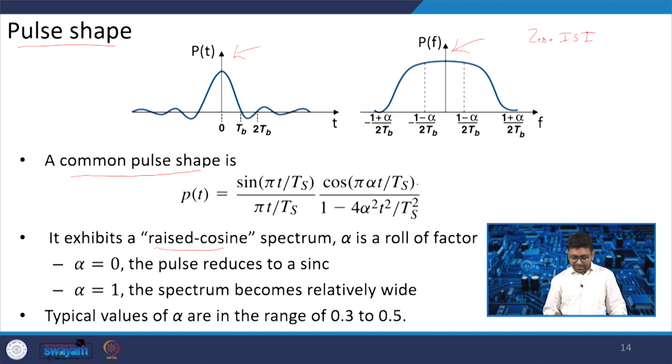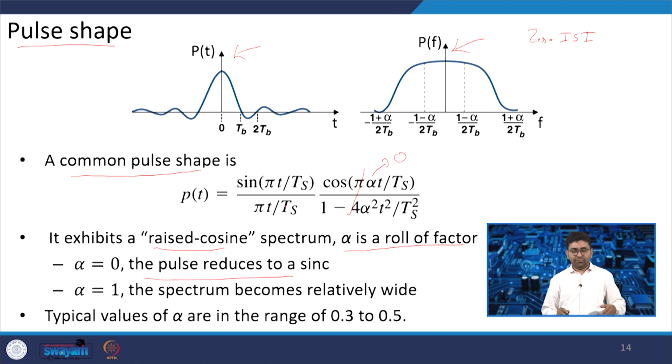For various values of alpha, where alpha is the roll-off factor, you will have a difference in terms of bandwidth. When alpha is equal to 0, the cos term is cancelled out and the pulse reduces to a sinc function.